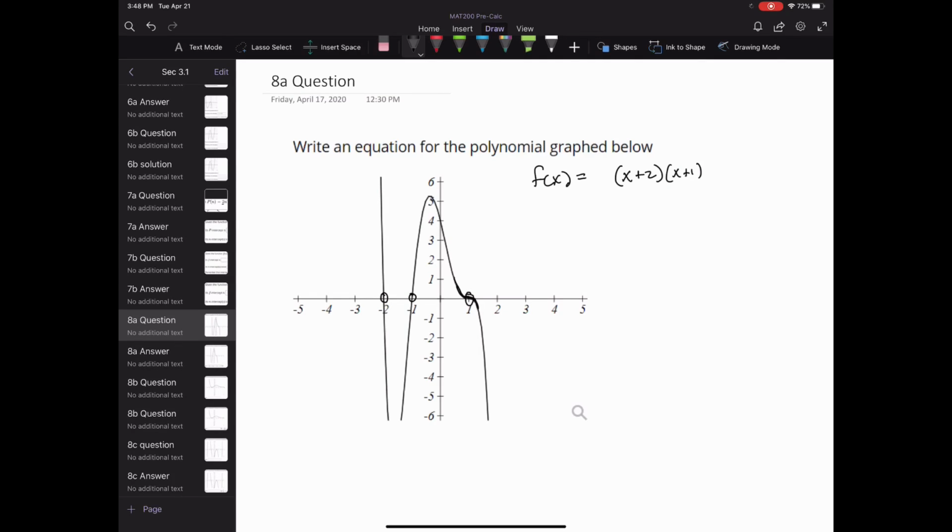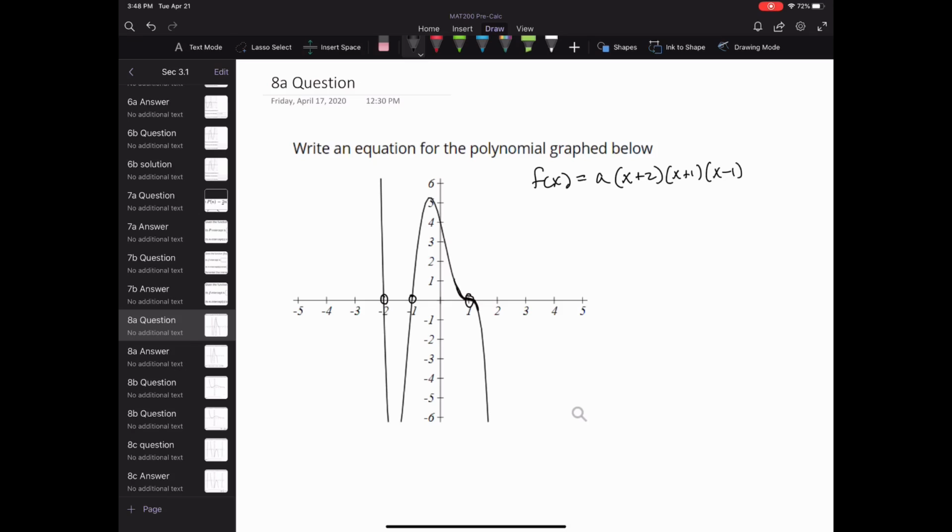And for that root over there, it'll be x minus 1. But you have to remember, you have parts of this function that we're not really accounting for. So we need to understand that there's some constant that we're multiplying by for this whole thing. You have to include that, and we're going to get to that in a second.